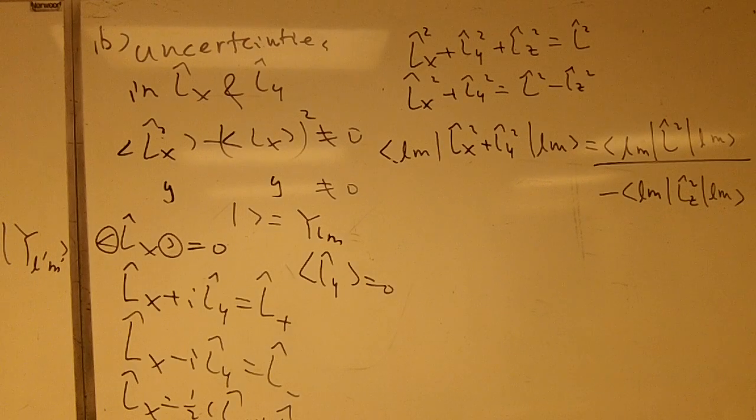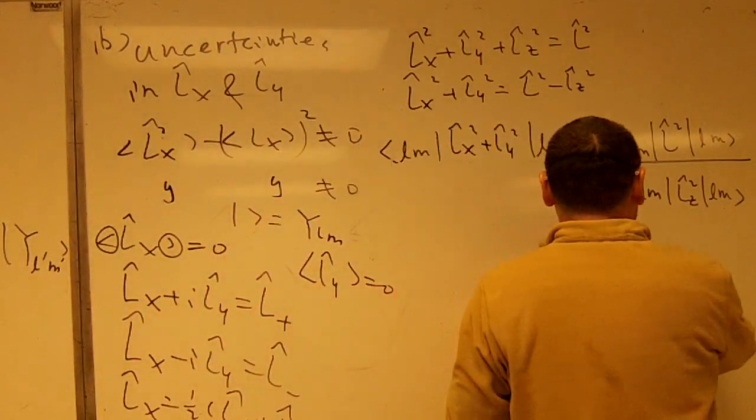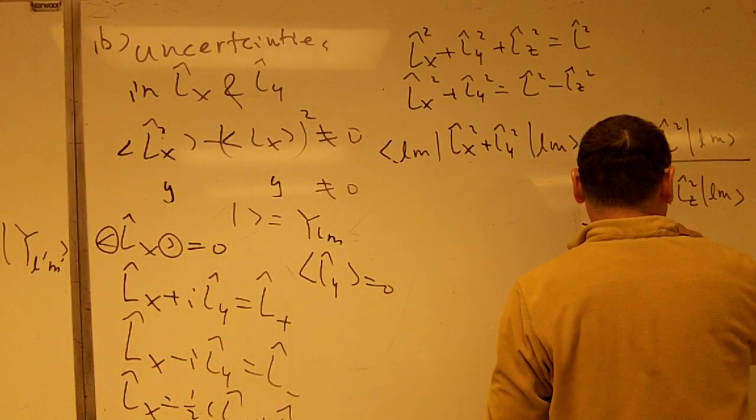Did you find it? Tell me, did you find where that is? The eigenvalue of L squared: l(l plus 1). Did you get it? I told you five minutes ago, so just remember this. So that will be l(l plus 1) hbar squared.